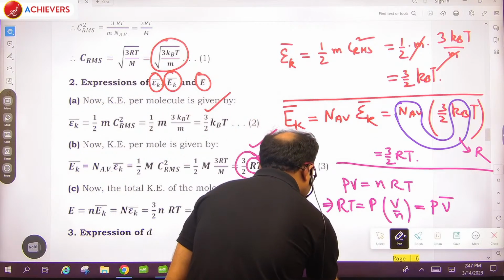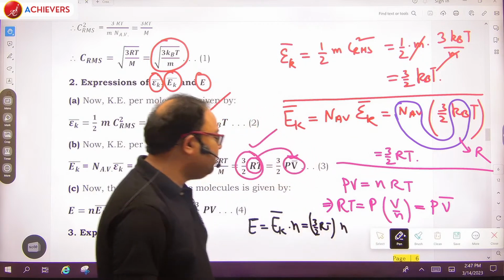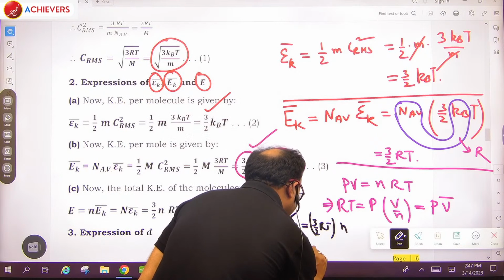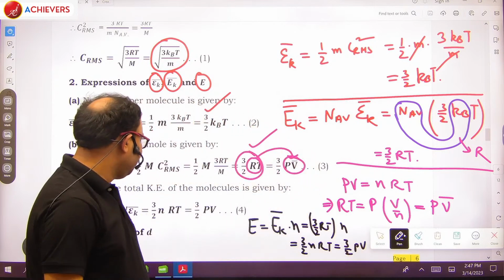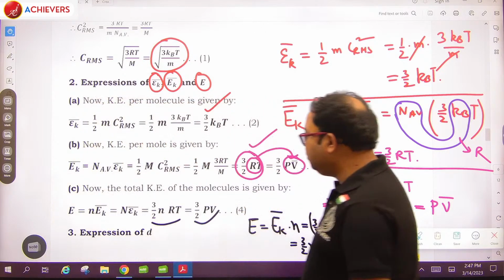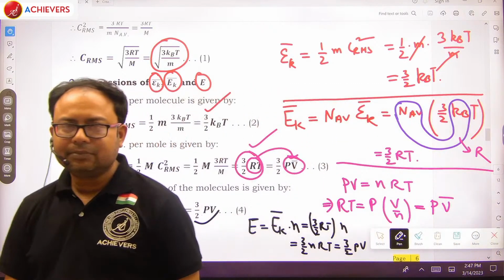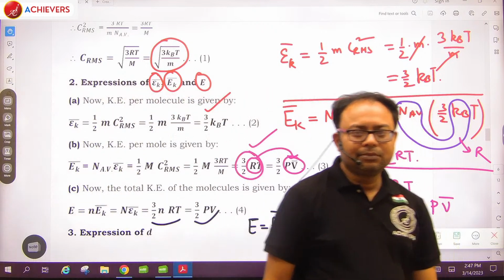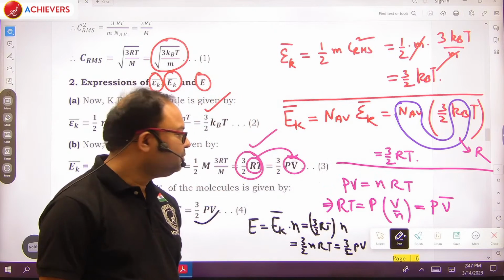So 3 by 2 RT multiplied by number of moles, so it becomes 3 by 2 nRT. nRT is nothing but PV, so it's 3 by 2 PV. It's 3 by 2 nRT or 3 by 2 PV. As simple as that. Very simple.